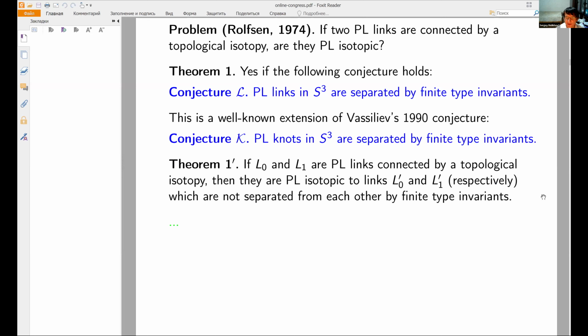some people might say that finite type invariants are interesting, but topological isotopy is not interesting. It depends on taste. And I have a theorem for those people as well.